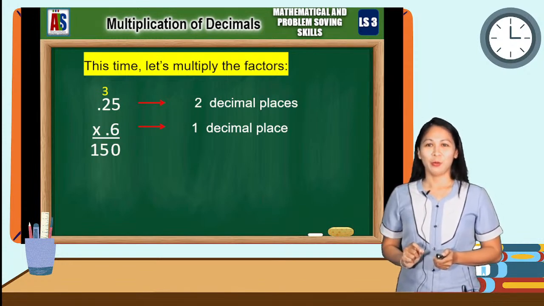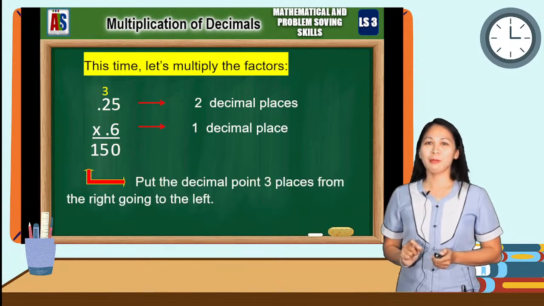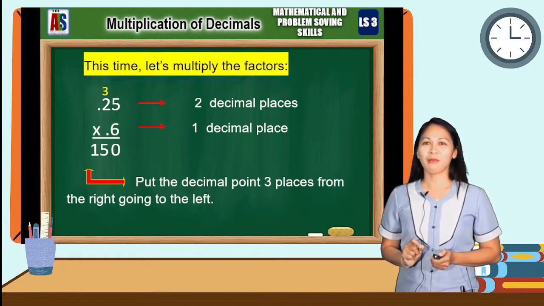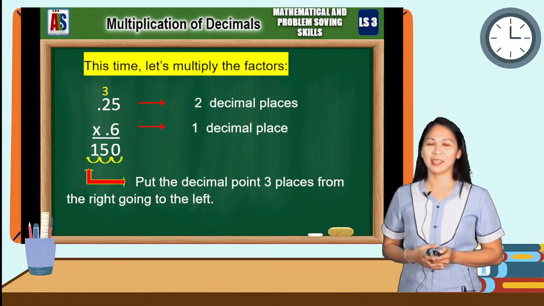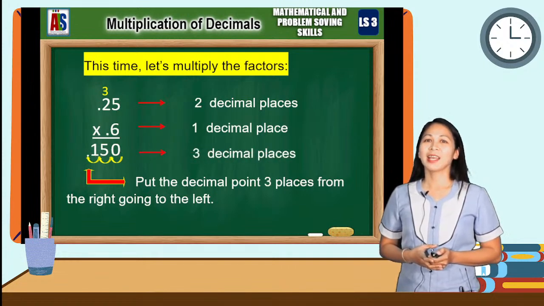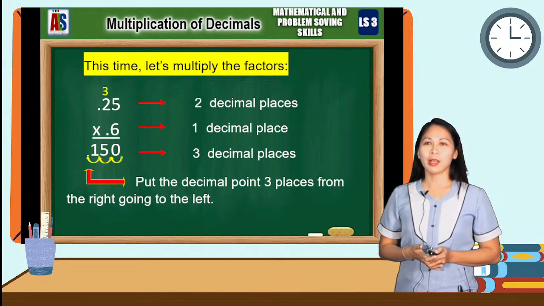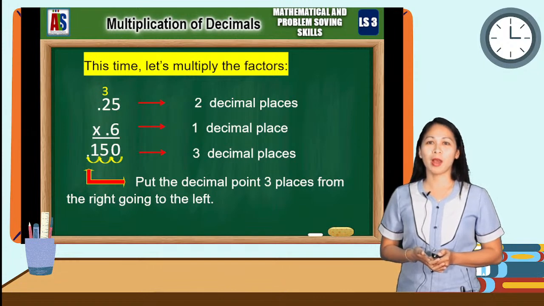Now, we will put the decimal point 3 places from the right going to the left. Let's count. 1, 2, and 3. So the decimal point is here. And the product has 3 decimal places. Therefore, the product of 0.25 and 0.6 is 0.150.